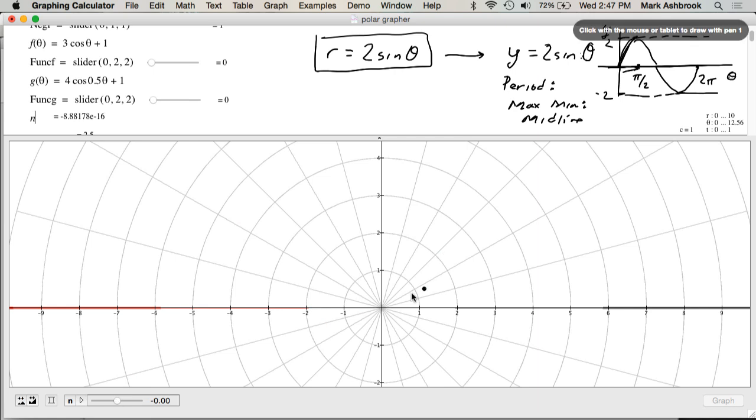It's going to be 0 here, and then when we get to pi over 2, it's going to be 2. So imagine that radius increasing as the angle increases. Can you imagine that? Starting at 0 here, we move further out away from the pole as the angle increases until we get to 2.